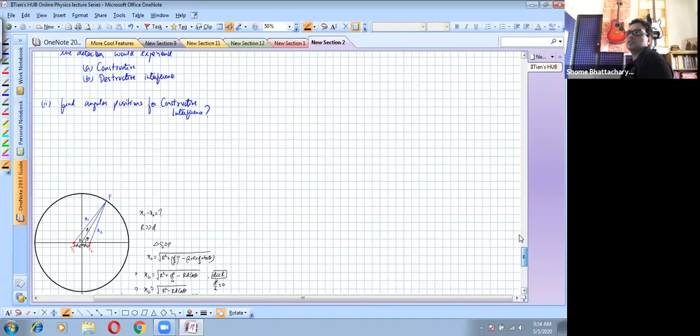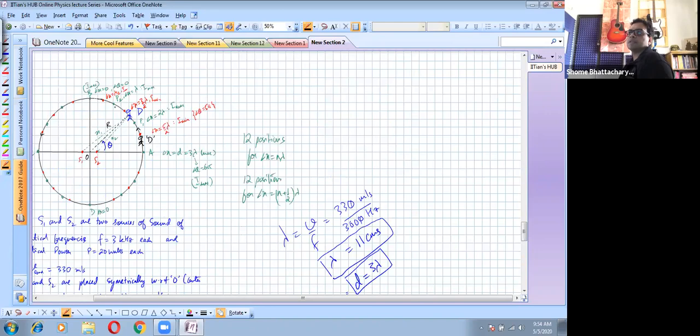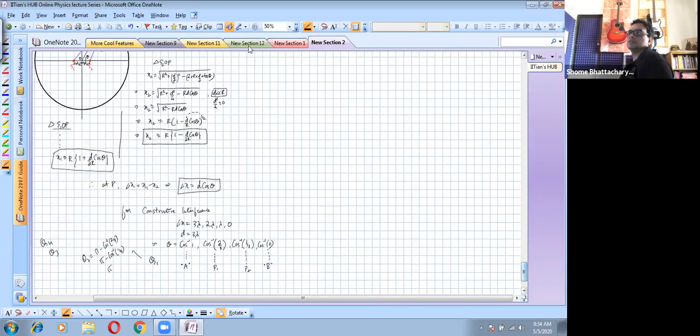So these were your points P1 and P2. So in between these two extreme points, 3 lambda and 0, you have 2 lambda path difference and lambda path difference. So those are happening at points P1 and P2. So those corresponding points I give.